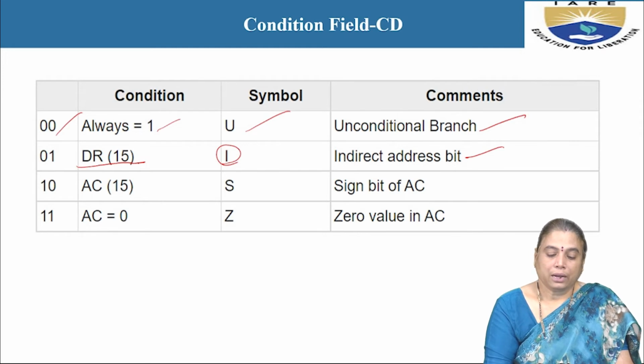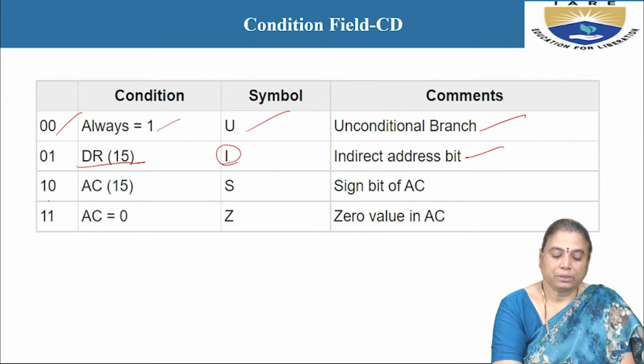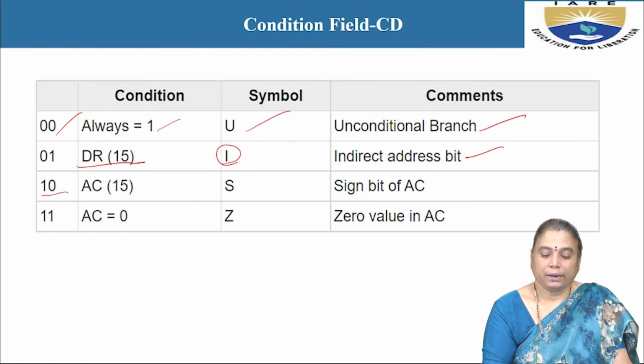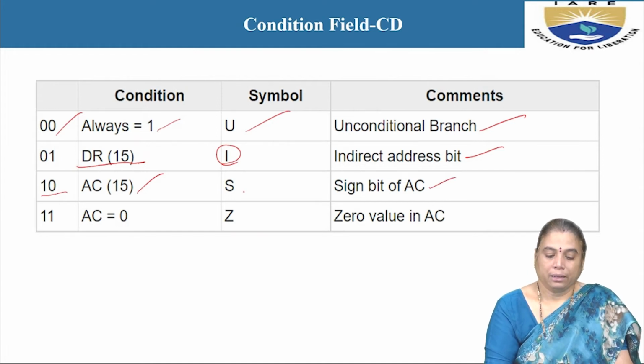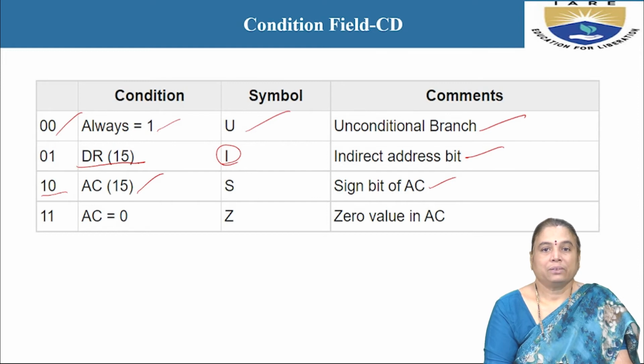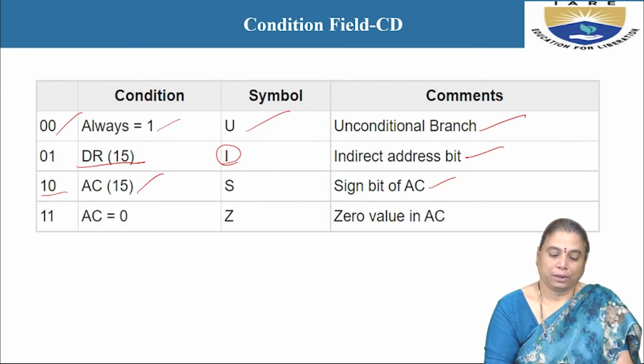If the condition field consists of 10, then the accumulator 15th bit, that is the sign bit of the accumulator, is tested. If the sign bit is 0, it indicates a positive value, and if the sign bit is 1, it indicates a negative value.